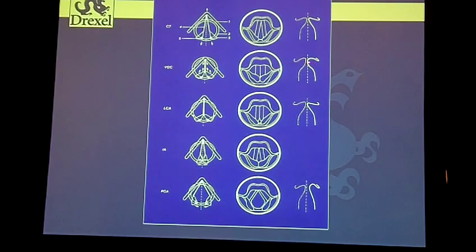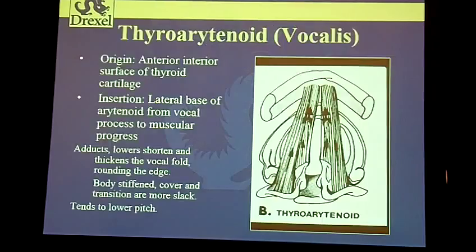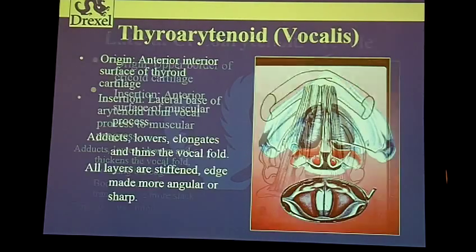If you weaken this muscle in a spasmodic dysphonia patient who is a singer, when he or she tries to sing loudly, the voice tends to hurt because we need that lateral resistance. That's the vocalis muscle, the medial belly of the thyroarytenoid muscle.